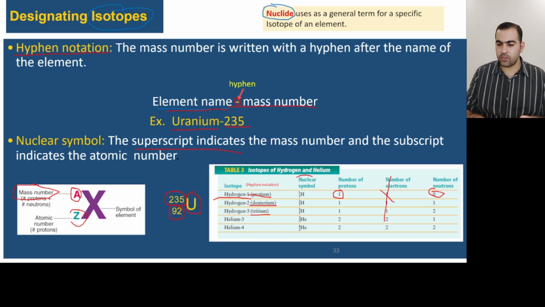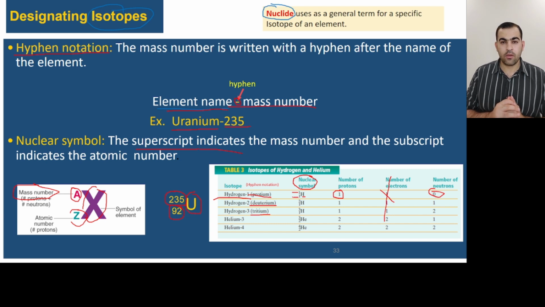For nuclear symbols, I need the symbol of the element. You must know the symbols of those elements that I told you in chapter 1. You must memorize their symbols. I write the symbol of the element, the superscript is the mass number, and the subscript is the protons number.